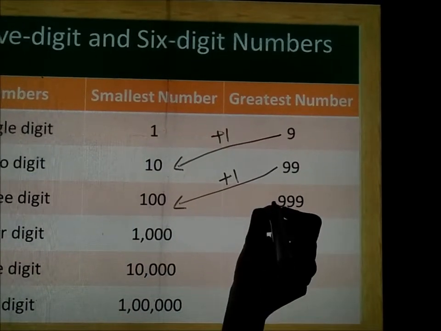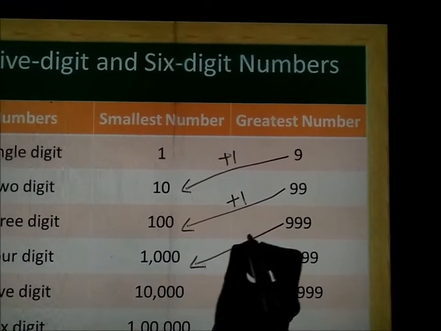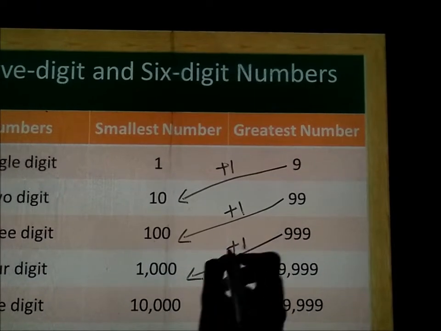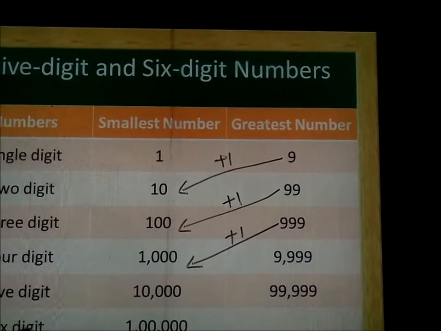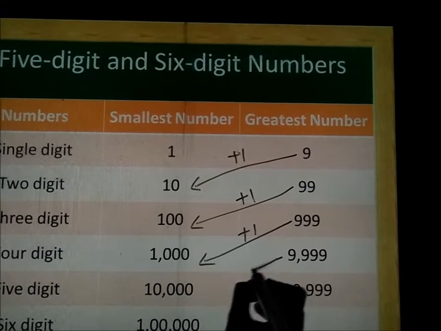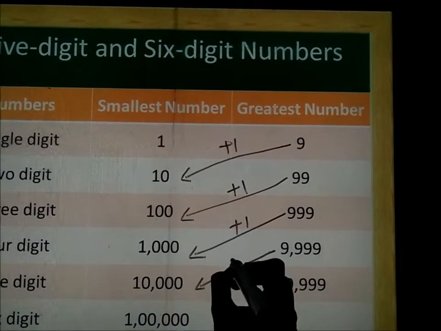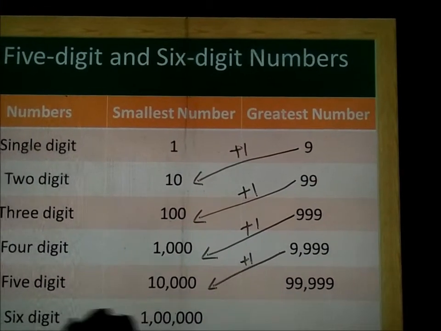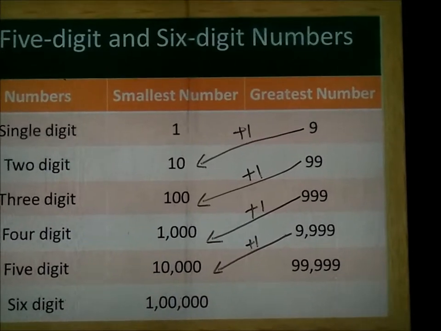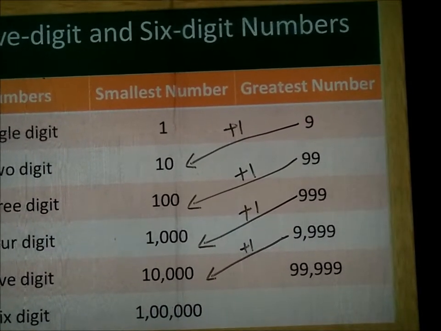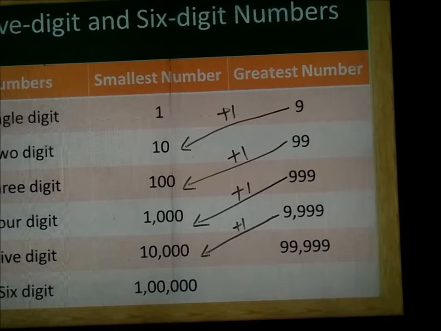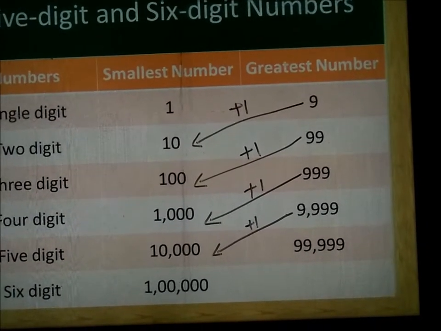When I add 1 to the greatest 3-digit number, I get the smallest 4-digit number. When I add 1 to the greatest 4-digit number, I get the smallest 5-digit number. Wow, it's so amazing. You can also do the same thing in your notebook and show it to your parents.